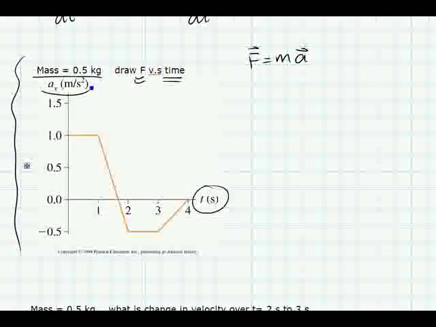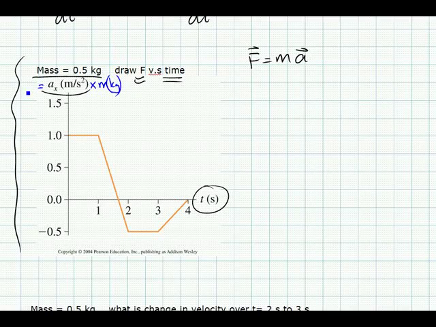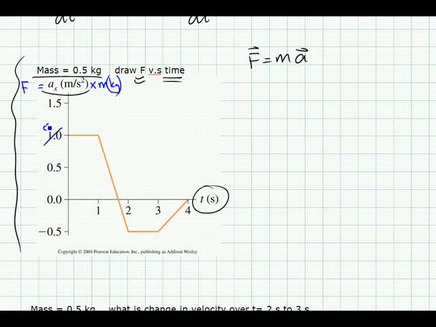All you have to do is multiply acceleration by mass in kilograms, and you'll end up with force in newtons. It's half a kilogram, so multiplying 1 by a half, you end up with a half there.